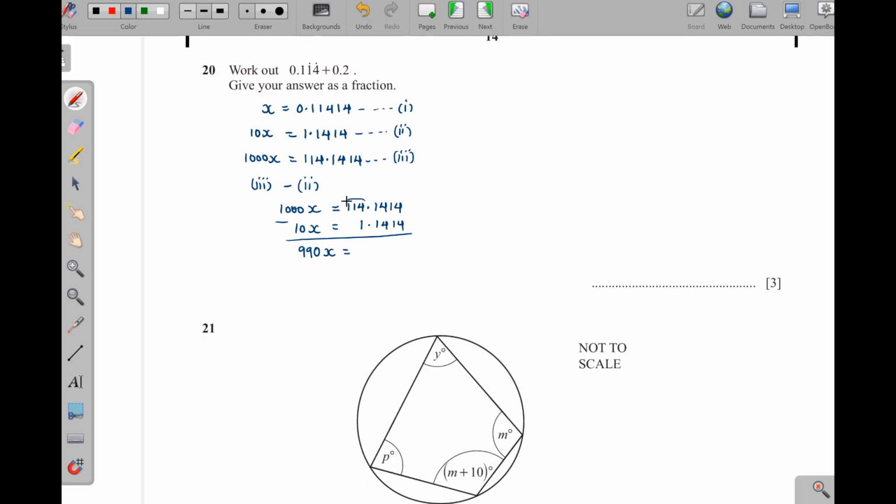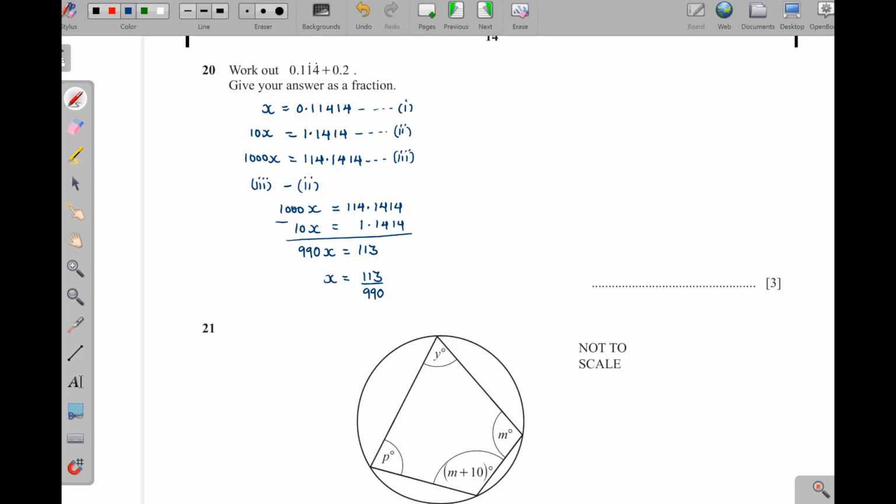Then this one will be 114 minus 1, that will be 113. Then this one will go. So that means our x here is going to be 113 divided by 990. Can we simplify this, maybe divide all through by 3?